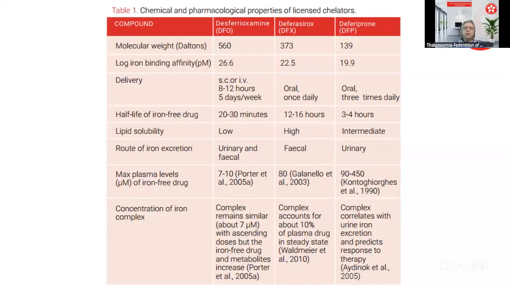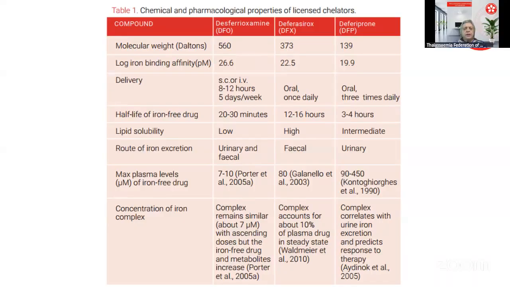Whereas deferiprone has a short half-life, and that is why anybody who's using deferiprone in less than an 8-hourly routine is actually wasting the drug because it's not effective. So whatever the total dose of deferiprone would be, it has to be divided into 3 equal doses.